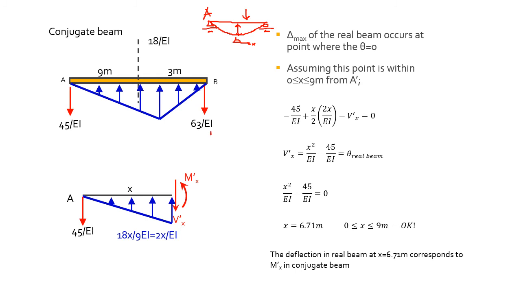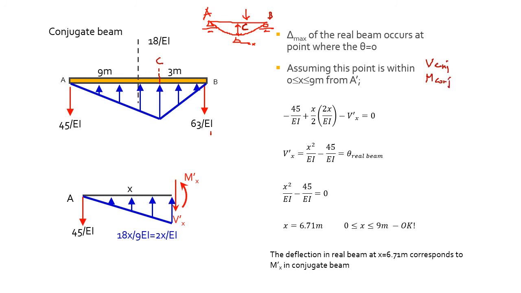So this is your A, this is your B, and the point of loading is called C. If you are sure that your maximum is between A and C, you need to cut somewhere in between A and C. Get the shear and also the equation of moment for the conjugate beam with respect to X.